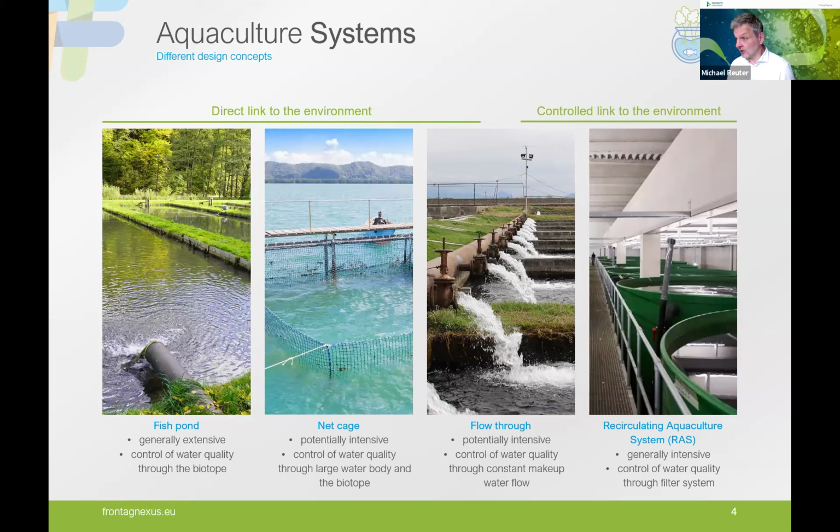It needs quite a lot of water because we have a constant flow of water inside of the aquaculture. These can also be quite intensive, but then we would need even more water. And then it depends. If the outflowing water with the waste products from the fish is not treated with some treatment devices, we will also directly have an impact on the environment where the wastewater flows in.